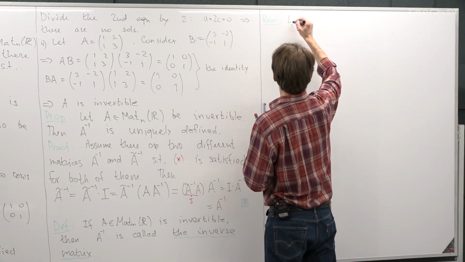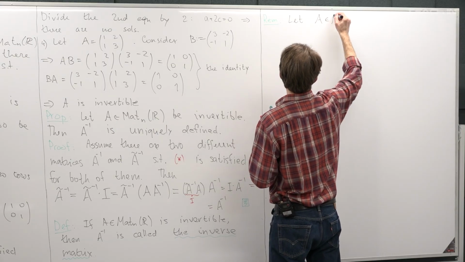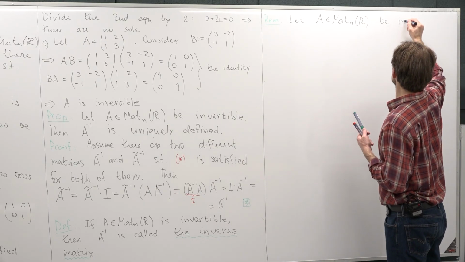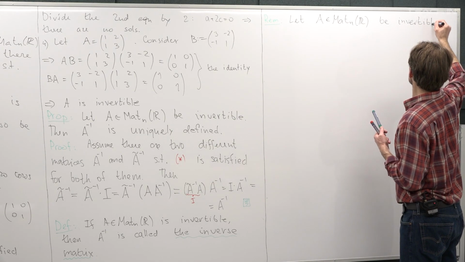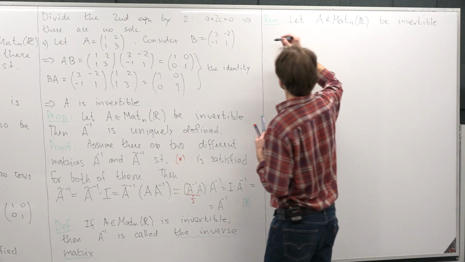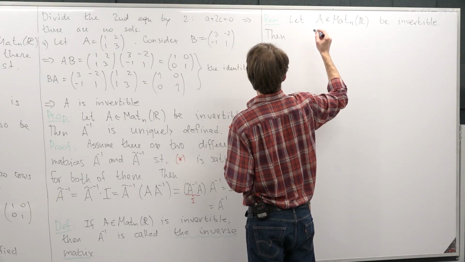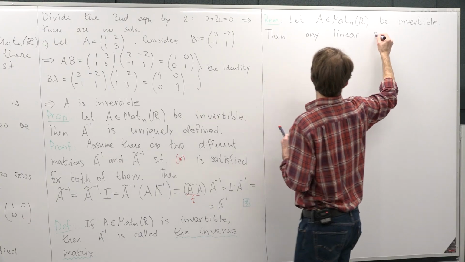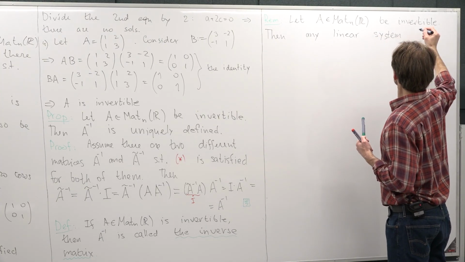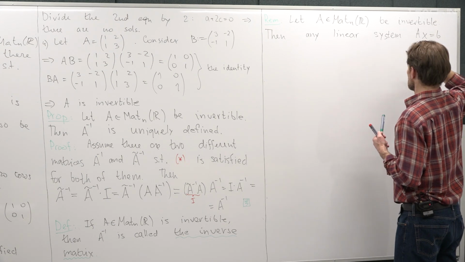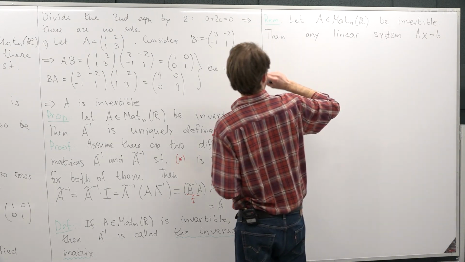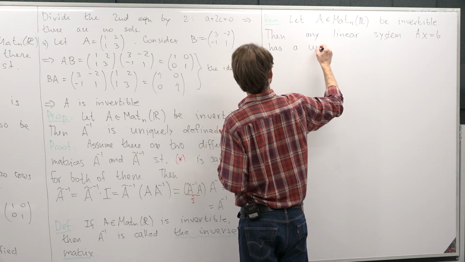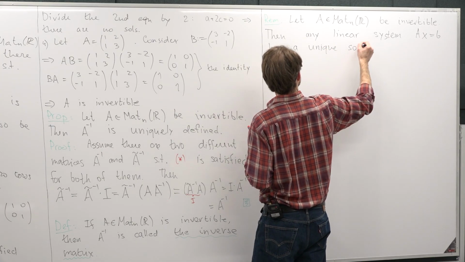So let A be invertible. Then any linear system A multiplied by x equals b, any linear system of this form has a unique solution.